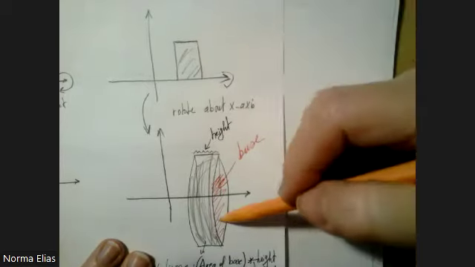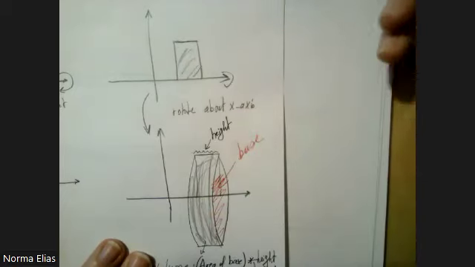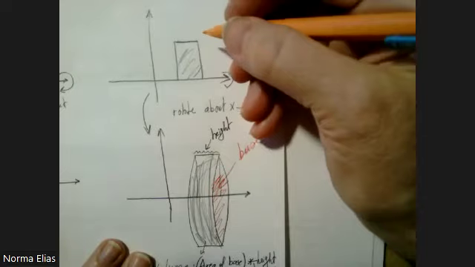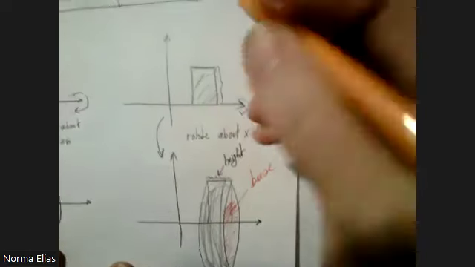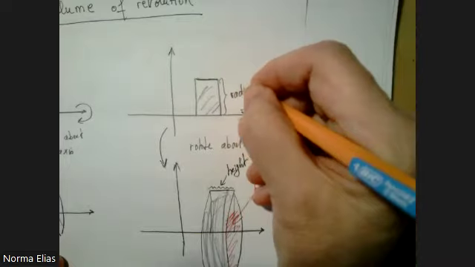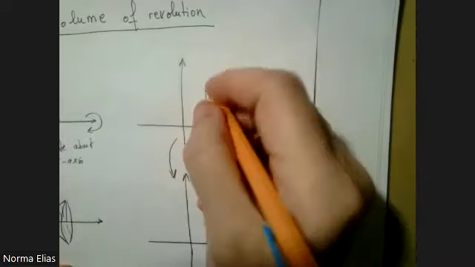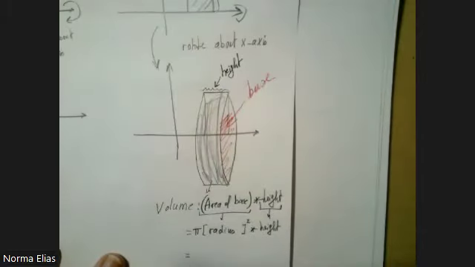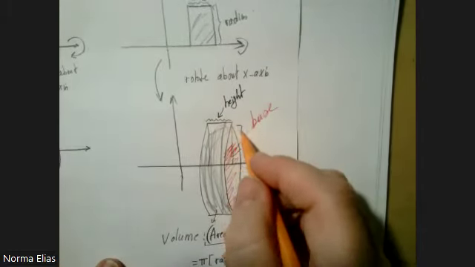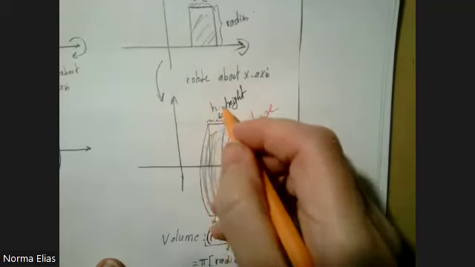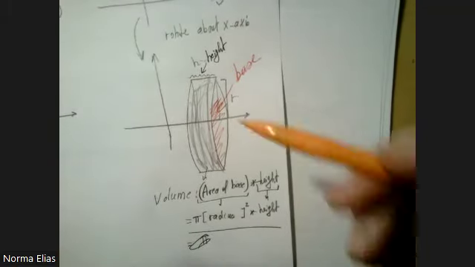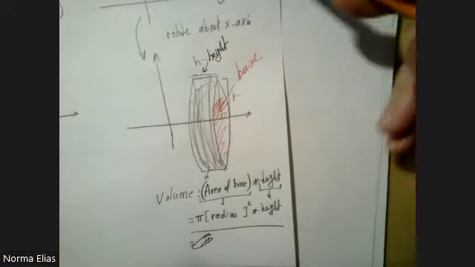When I take this and rotate it, the radius is from where to where? The radius would be the distance on the y-axis, and the height would be the distance on the x-axis. Absolutely correct. That's going to be the radius, and that's going to be the height. So pi times the radius squared times the height, but that's the radius, as your classmate said, and that's the height.